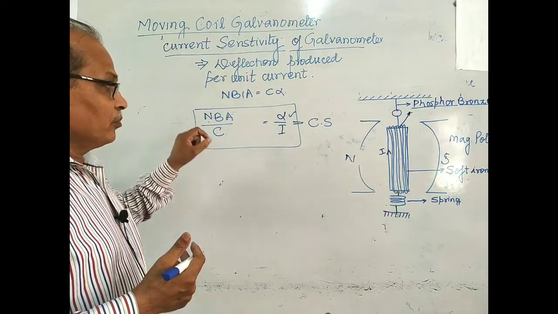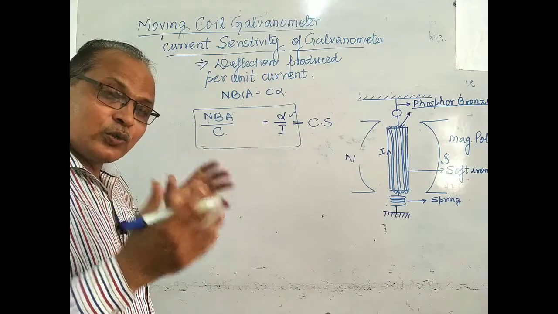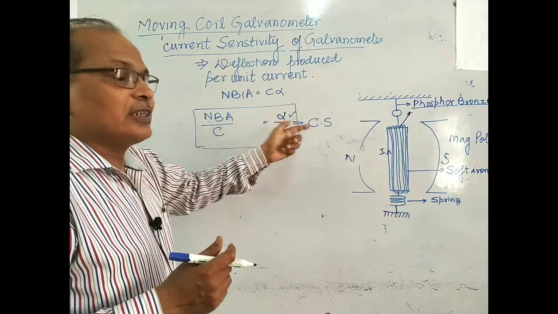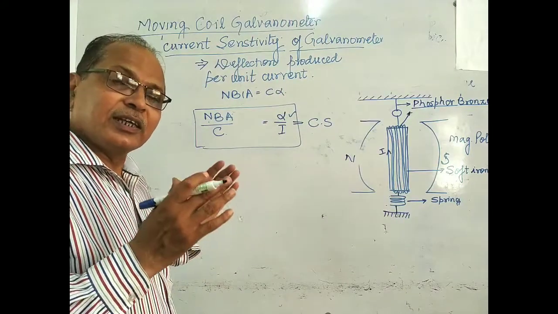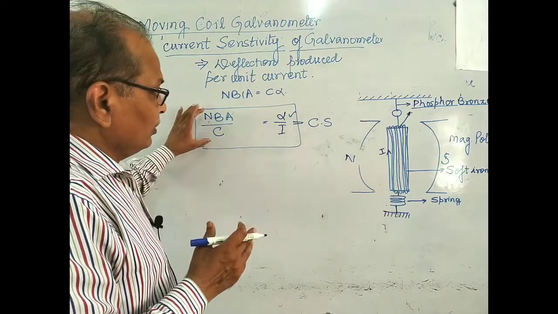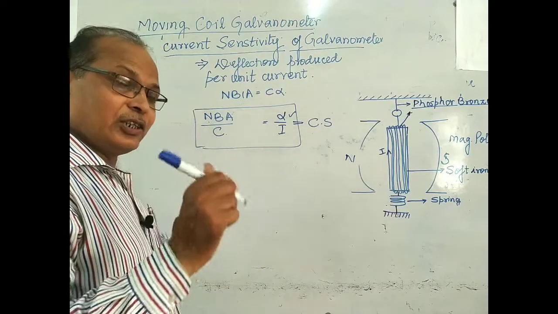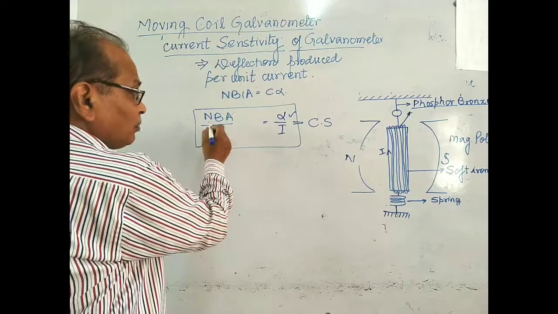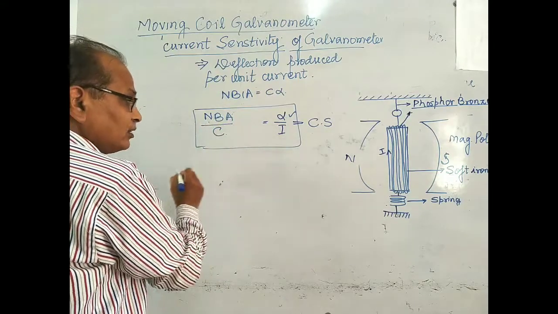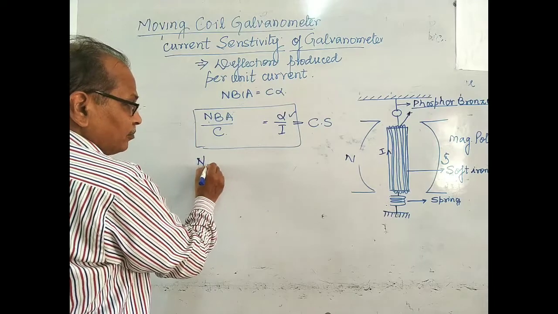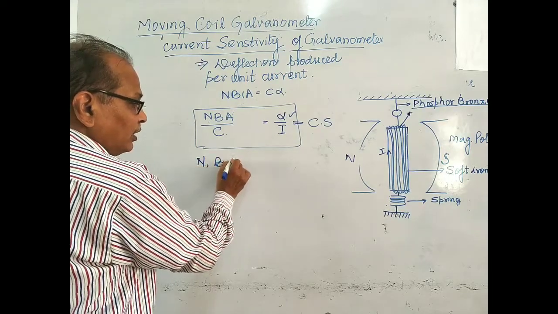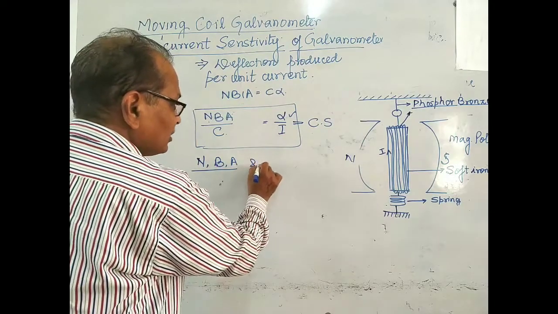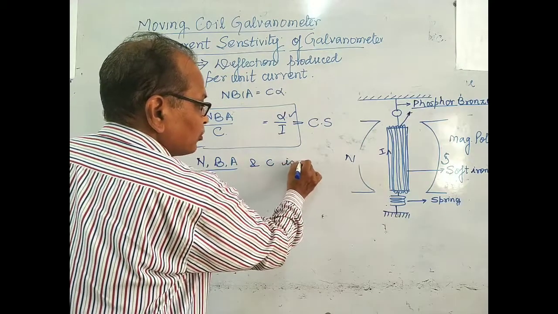That is, if you are using a soft spring, then the current sensitivity of the galvanometer increases. Remember the conditions on which the current sensitivity depends, the four things. What are the four things? N, B, A are directly proportional, and C is inversely proportional.